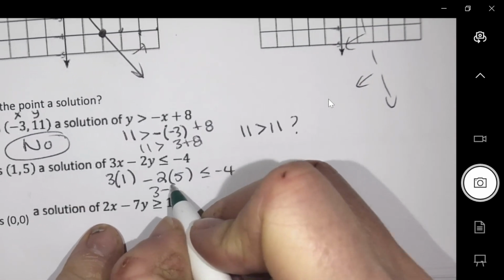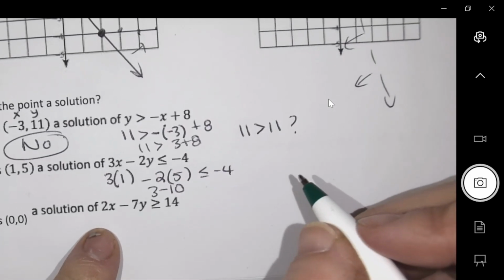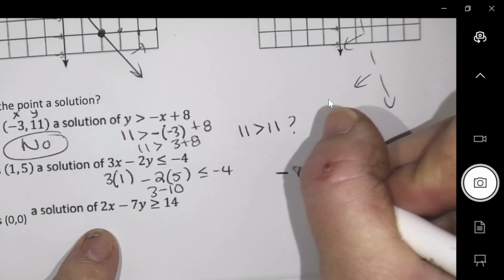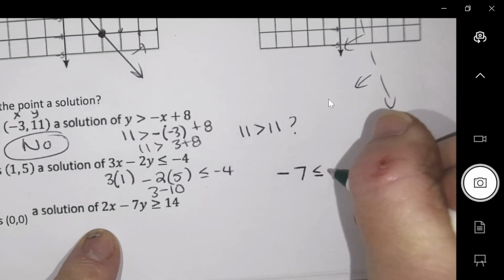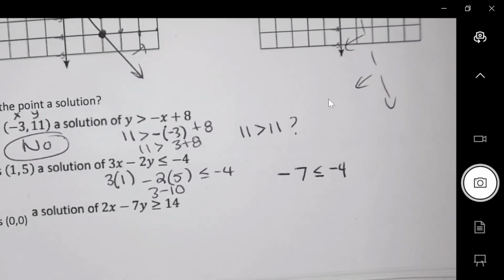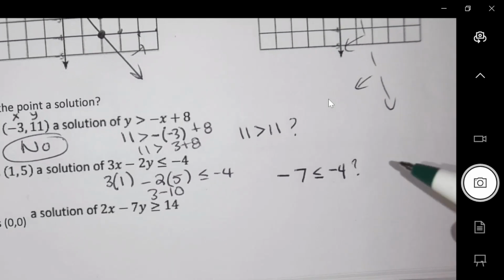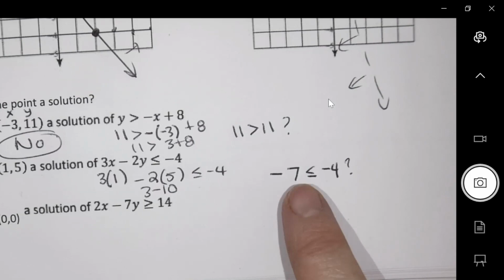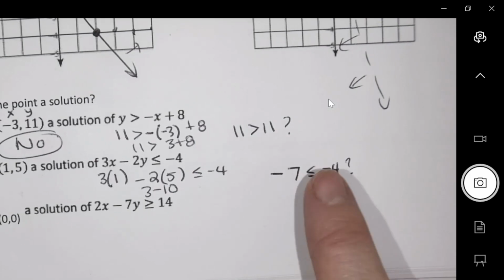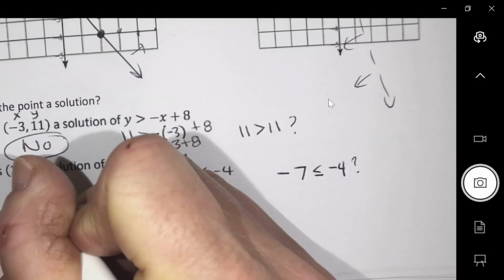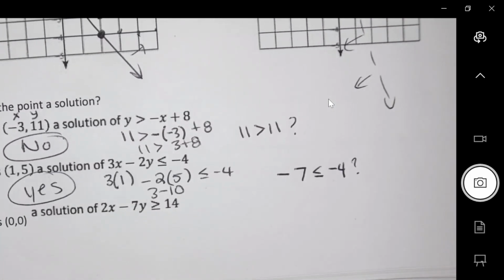So 3 minus 10 makes negative 7. Okay, so now ask yourself that. Is that true? Yes or no? Is negative 7 less than or equal to negative 4? Yes, that is. So that will work.